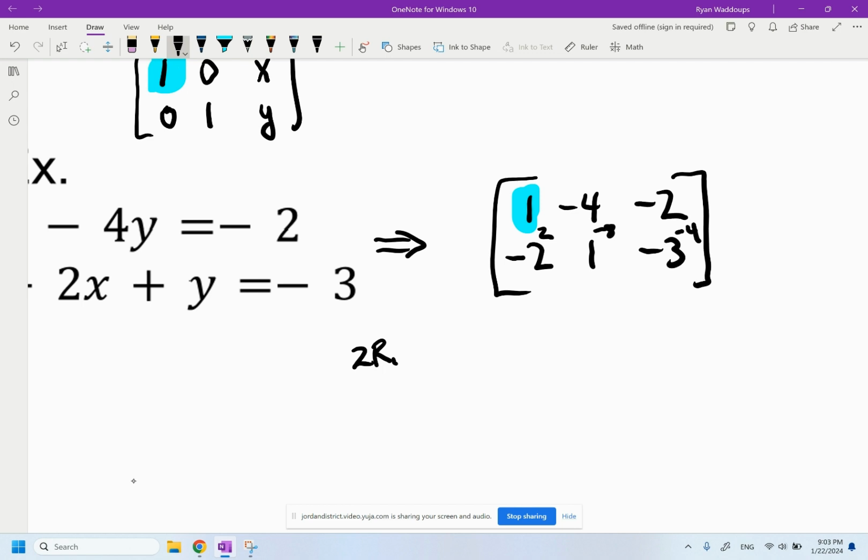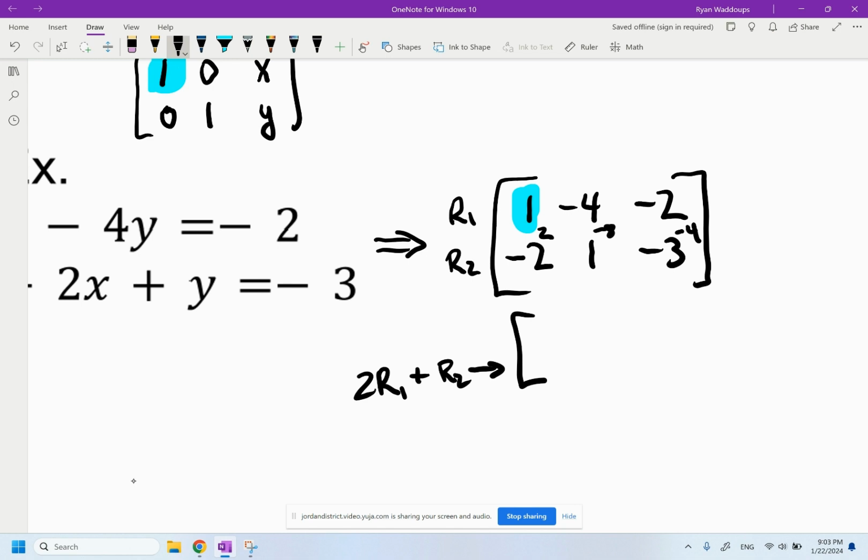I'm taking all of the values on the top, multiplying them by 2, and then I'm going to move that down just a little bit. Again, this is row 1, the top, and this is row 2. We're taking 2 times row 1, and we're going to add it to row 2, and that's going to become our new row 2.